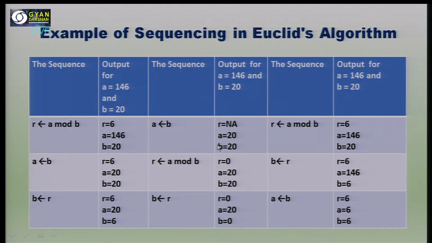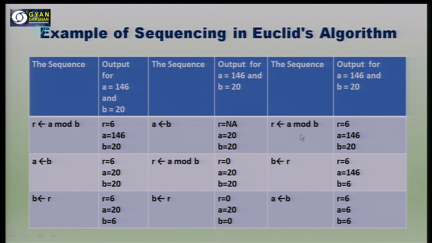Let's say in this case B was 20. So the value of B is transferred to A because of this operation. So it is no longer 146, and A and B both values become 20. Okay. So the problem here is when you find A mod B, you get R equals 0, and you do not know whether it is the correct GCD or not. Why? Because the sequencing is a problem in this case.